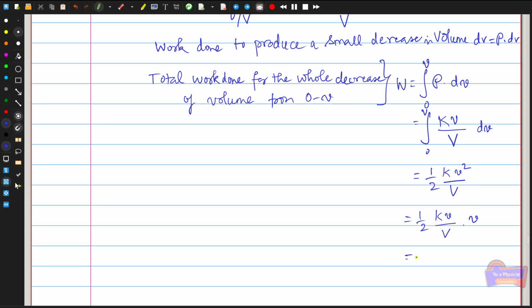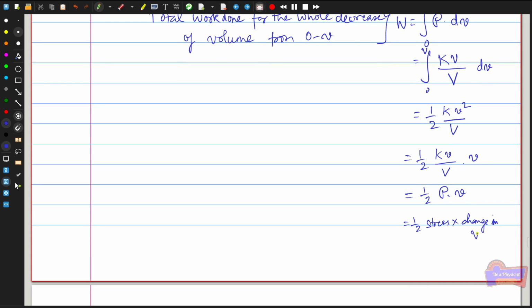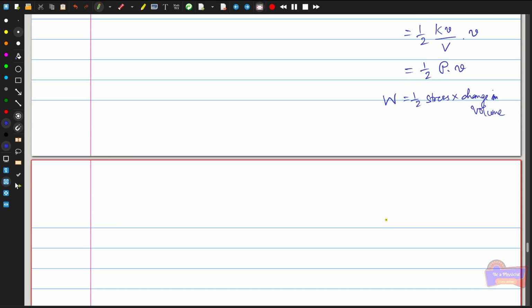This can be written as half of P times v, that is, half of stress into change in volume. So this is the work done, and you can easily find the work done per unit volume.